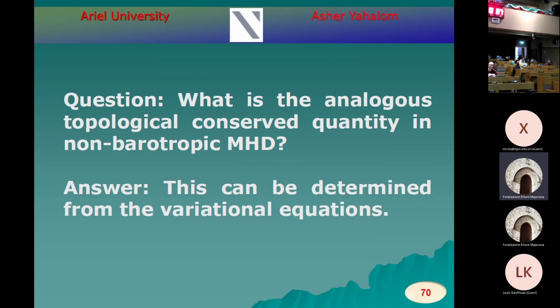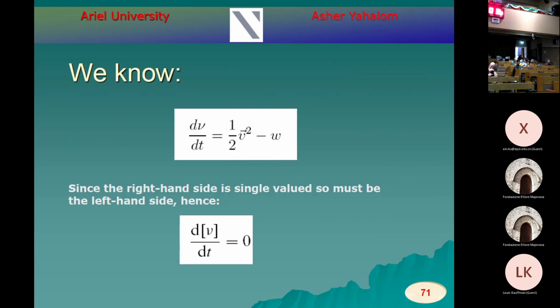So a question is, what is the analogous topological conserved quantity in non-barotropic MHD? Because it's not this. And the answer is that this can be determined from the variational equation. I will show you how, and this is connected to the first talk of this conference given by Renzo on non-single valued functions. Okay, this is the equation for nu.